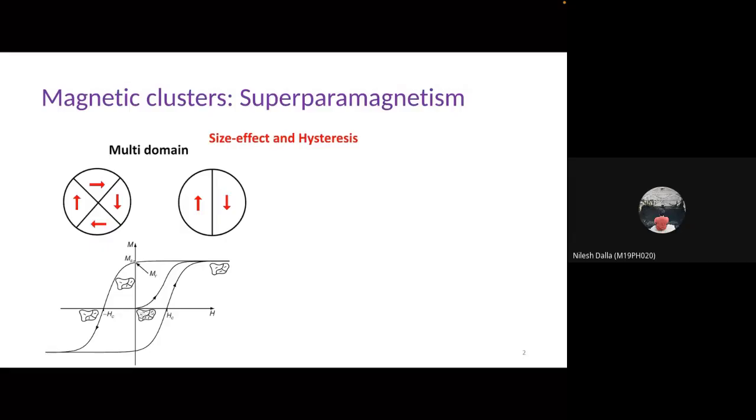But now if we decrease the size of that magnetic material, it prefers to go into a single domain state. Since the multi-domain state will have higher energy compared to a single domain state, the energetically favorable state is a single domain state, which can be represented by something known as a super spin.